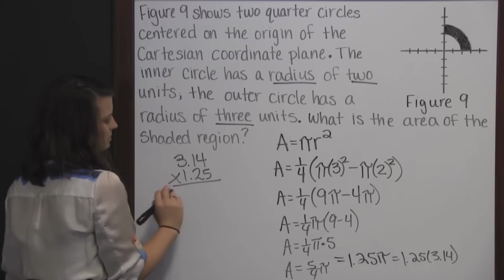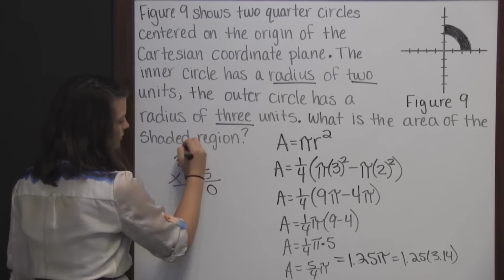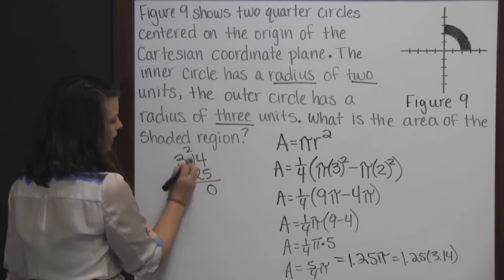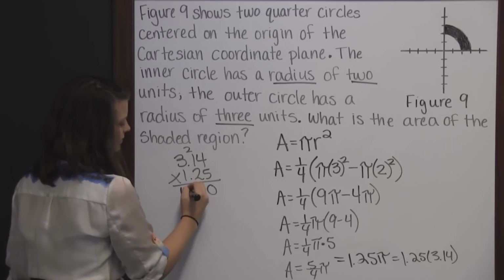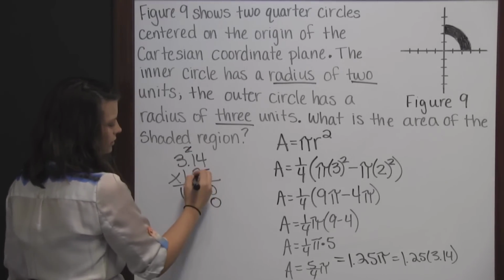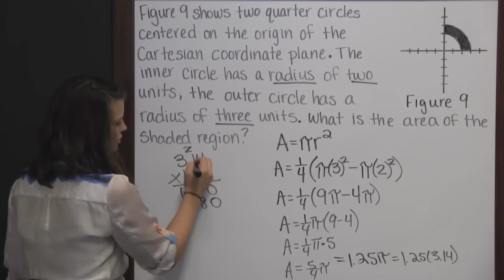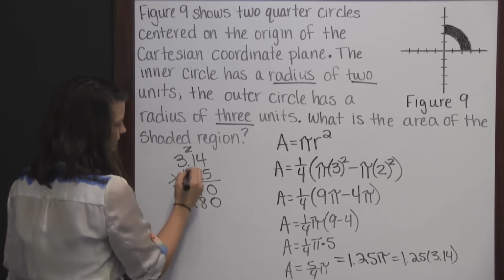And that's my pi. 5 times 4 is 20. 5 times 1 is 5, that's 7. 5 times 3 is 15. Put a 0 placeholder. 2 times 4 is 8. 2 times 1 is 2. 2 times 3 is 6.